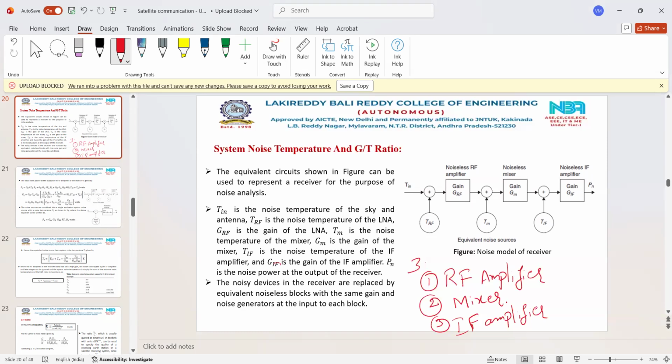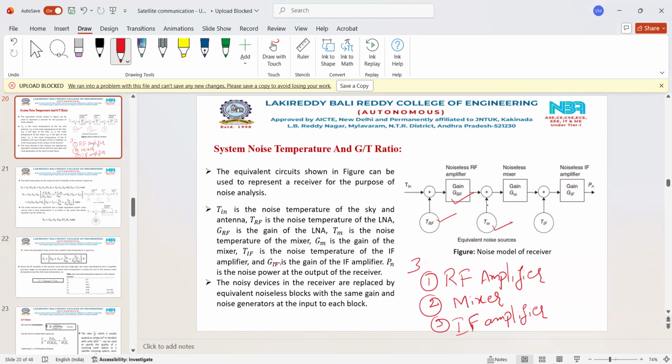Here we can see the noise model of our receiver. Tin is the noise temperature of the incoming signal. TRF is the noise temperature of the RF amplifier, and GRF is the gain of the RF amplifier section. The second section is the mixer.